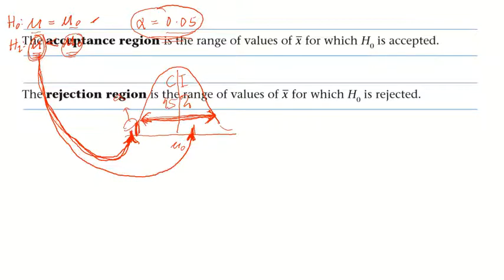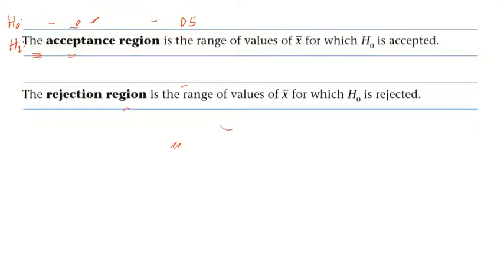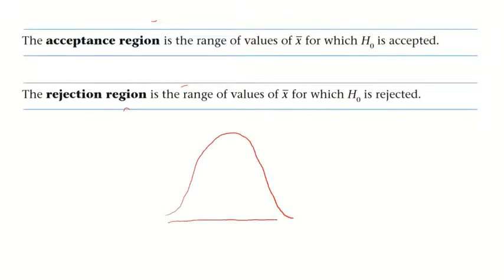So here we have what we call our acceptance and rejection region. If I'm going to illustrate the t distribution that I drew a while ago, this is our 95% confidence interval, and this is our alpha, which is 0.05.